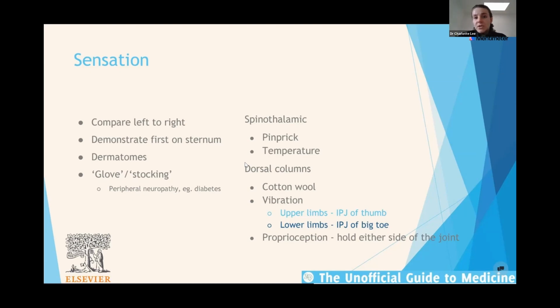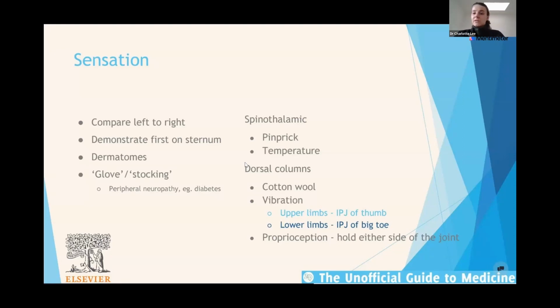And that might suggest to you actually that there's something to find in the sensation testing. If you're being moved on quickly through the power and the reflexes, you might think, well, there's nothing to find here, there's nothing with the motor system. So when you get to sensation, maybe bear in mind that you might be expecting to find something there.